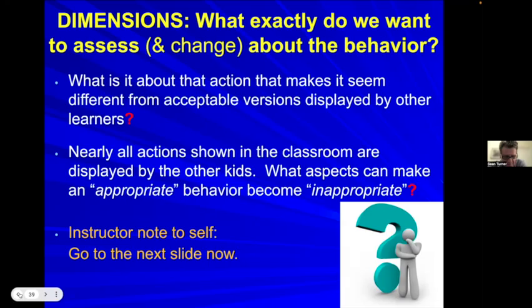We've got latency, duration, frequency, magnitude, locus, where it happens, the body or the environment, and topography, the form that it takes. So I think we've hit all six. That's right. These are the dimensions.